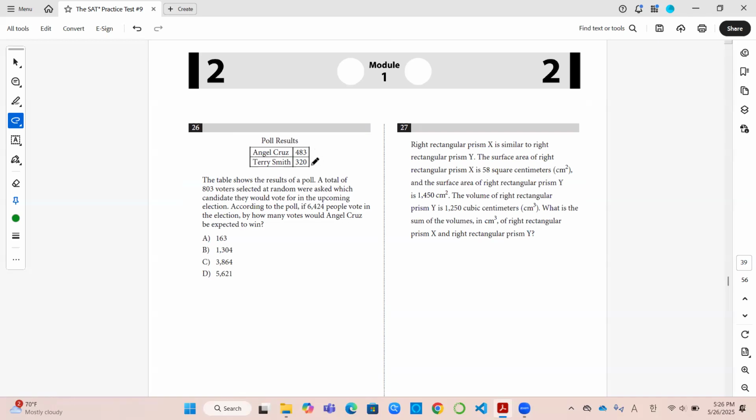As you can see here, if I do 483 divided by 803, and then multiply this by 6,424, I get 3864.